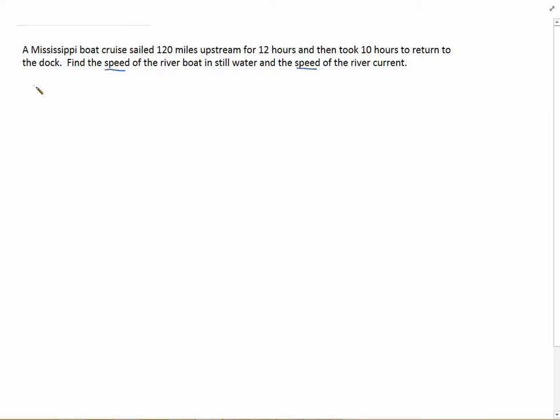Let's introduce some variables. I'll let B represent the speed of the boat in still water. And again, the units on that will be miles per hour. And let R be the speed of the river current.